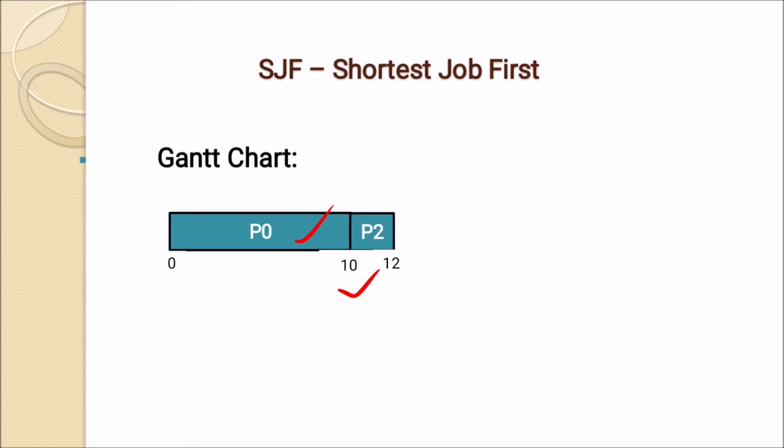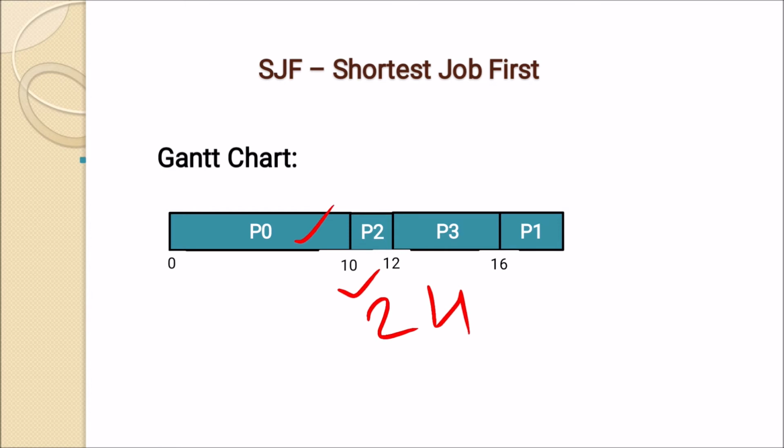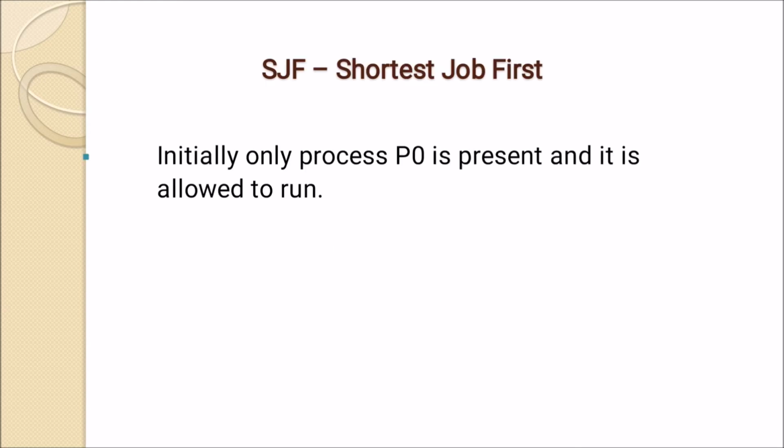P2 will be executed for 2 milliseconds, so 10 to 12. Then P3 executes from 12 to 16, and then P1 for 6, so 16 to 22. This is the Gantt chart of shortest job first.